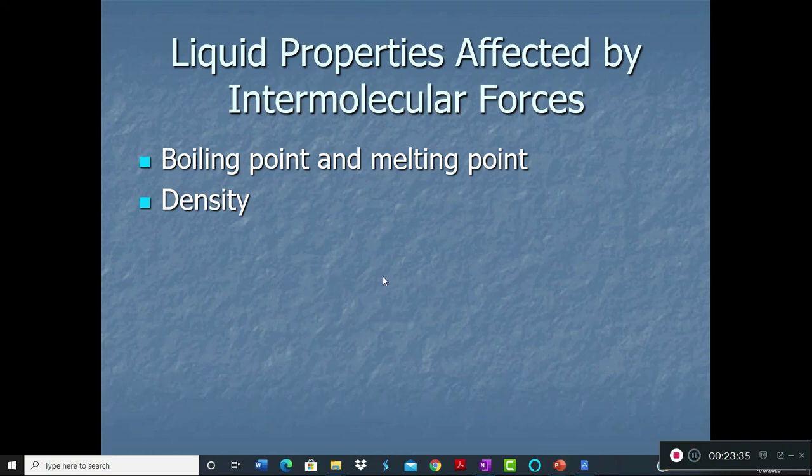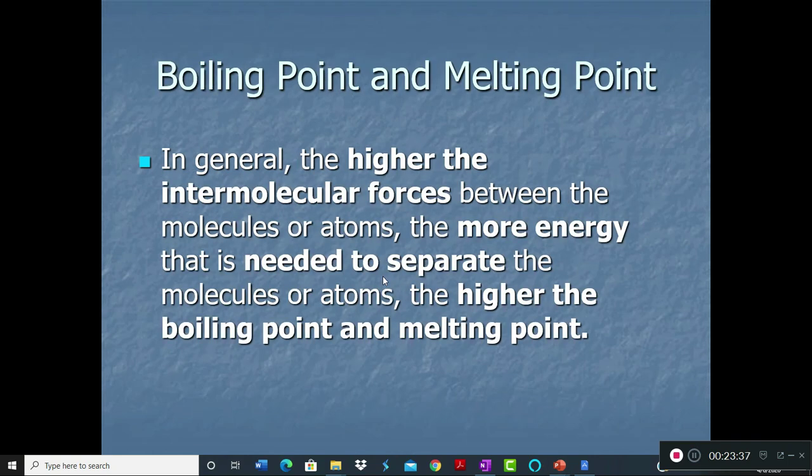So let's first talk about boiling points and melting points. So in general, and again, this is in general, this is not an absolute, in general, the higher the intermolecular forces, the higher the attraction the molecules have for one another, the more energy that is needed to separate the molecules.